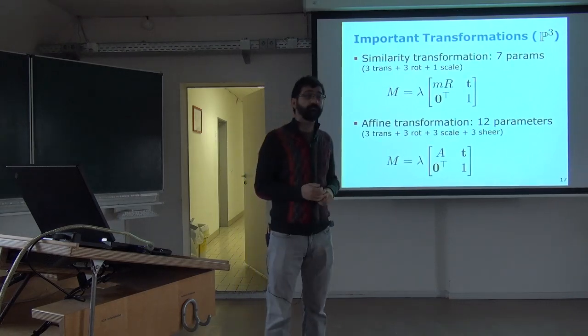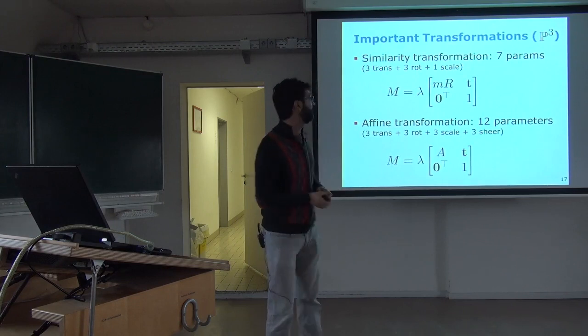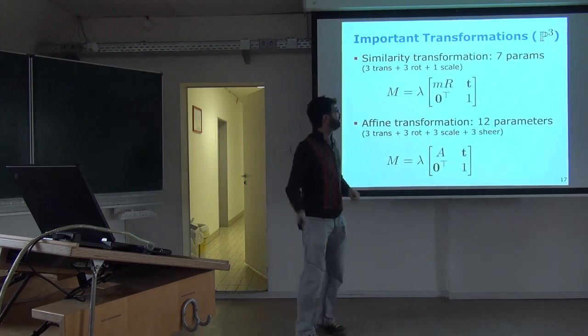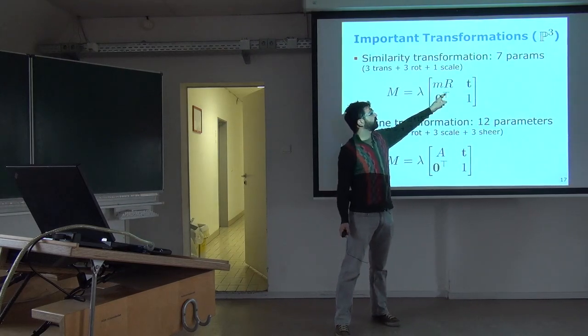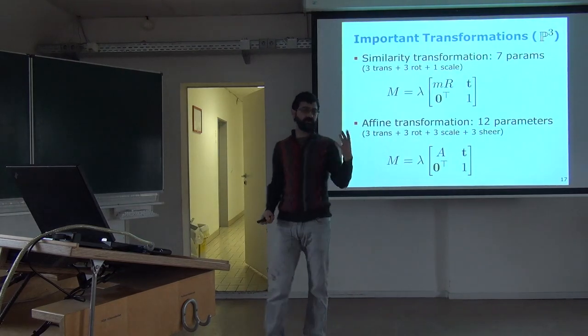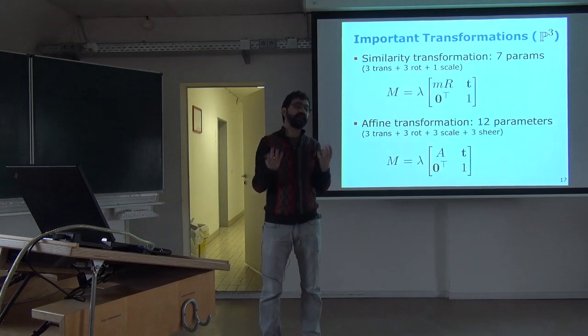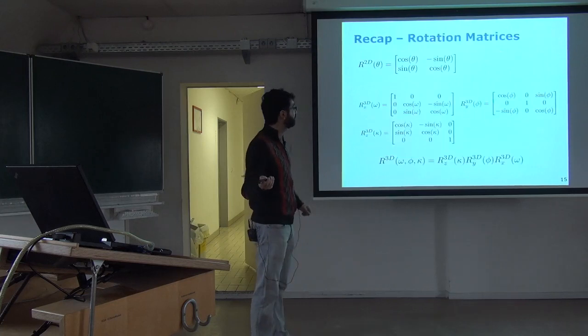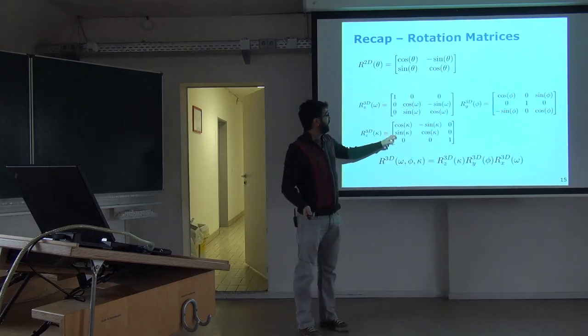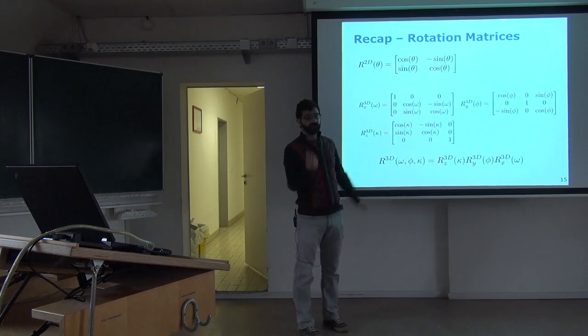Yes? Dimension of the rotation matrix. So the thing is this, the dimension of the rotation matrix, because this was the question, is normally a 3 by 3 matrix, so it has internally 9 numbers, but all of these are constrained. If you look at the structure of the rotation matrix, imagine this as an example: you have 3 real parameters, which are the 3 angles that you want to rotate.